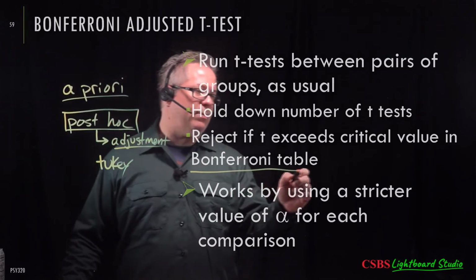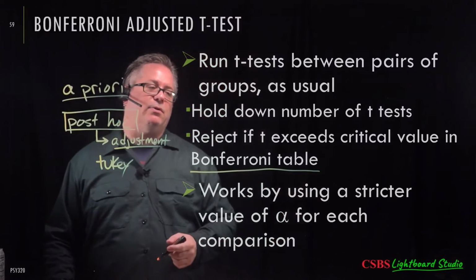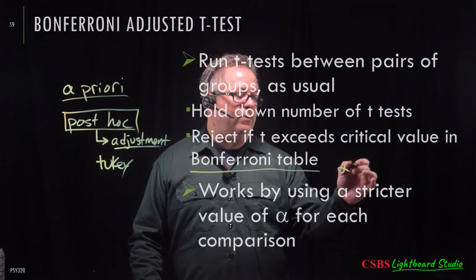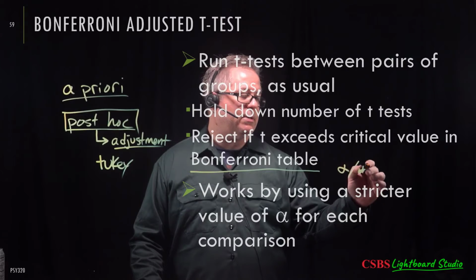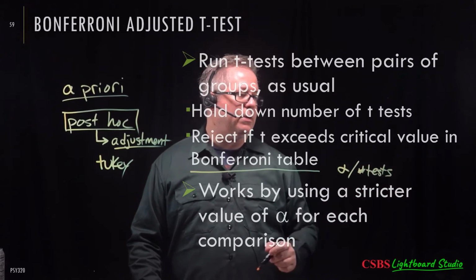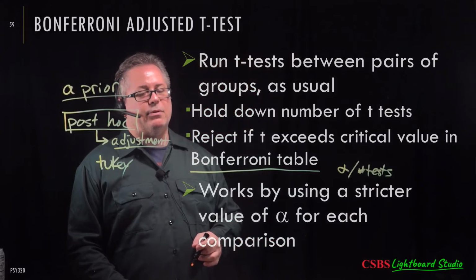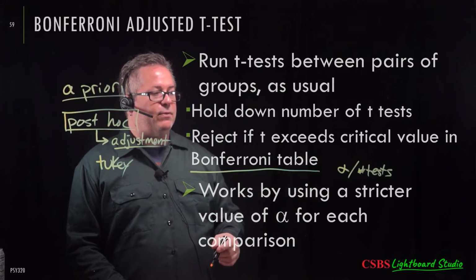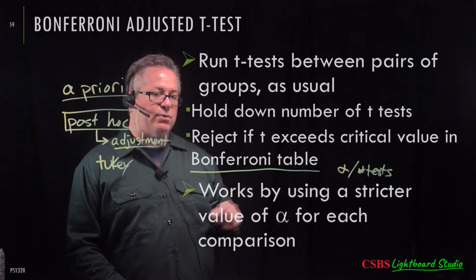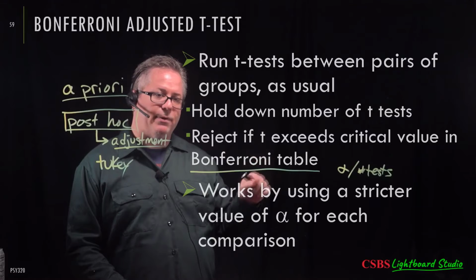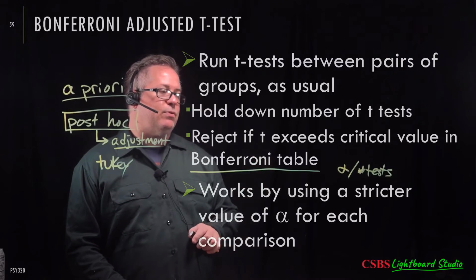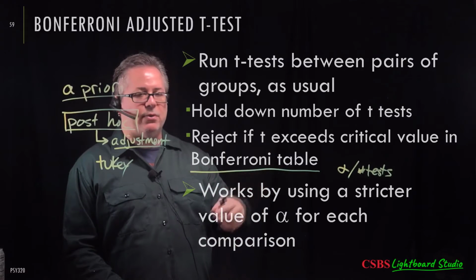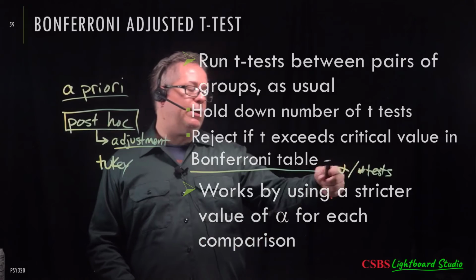So there's a Bonferroni table that gives you adjusted critical values, or you can just take your alpha and divide it by the number of tests, look up critical values for that smaller alpha level, and compare each of your t-tests to that critical value at that smaller alpha. Right, this works by using a stricter value for alpha for each comparison, right? So there's either a Bonferroni table that already adjusted for you, or you take alpha divided by the number of t-tests.